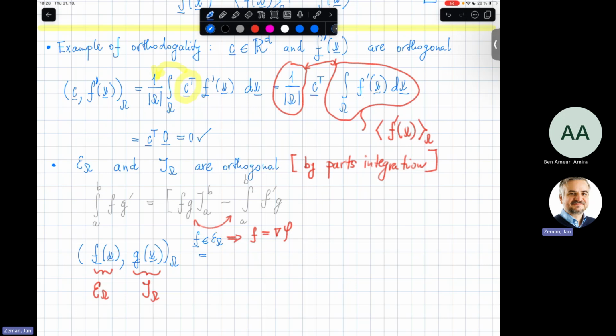What I'm saying is that because I know that my field f is from this nice space, I can equally well express it as a gradient of a certain potential or primal variable phi, multiplying this g of x. And this is again the scalar product between two fields in omega.